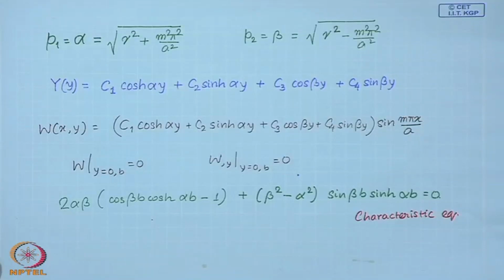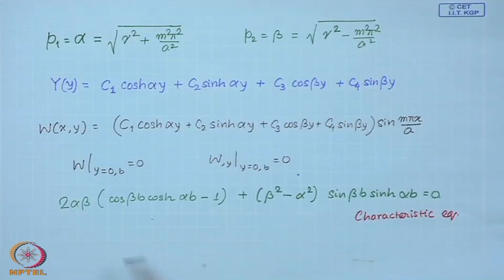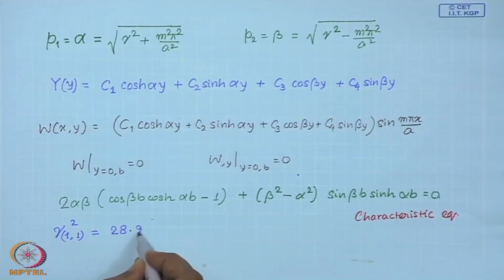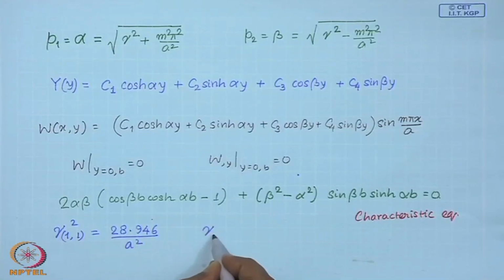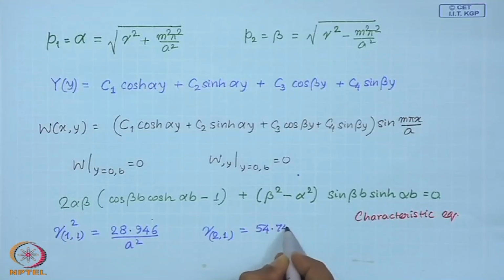So, if you solve this equation numerically, you already have the relation between gamma and the frequencies. So, you can find out the natural frequencies.